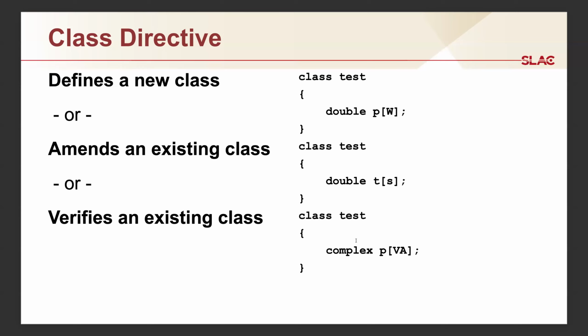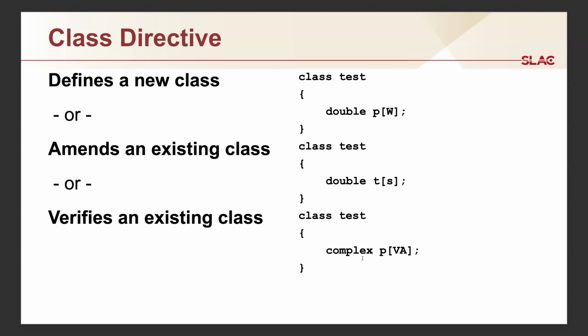Finally, the other thing that it can do is if the class exists and the property already exists, then what this does is it verifies that the property conforms to the specification that you're giving. So in this case, because the class already exists and the property P exists, this is going to check whether this new declaration of P is compatible with the old one. From the perspective of the units, it is compatible. VAs are compatible with watts, but from the perspective of the data type, it is not compatible.